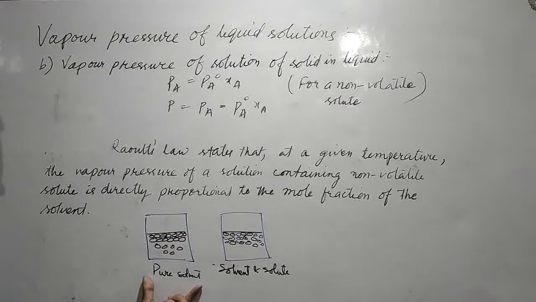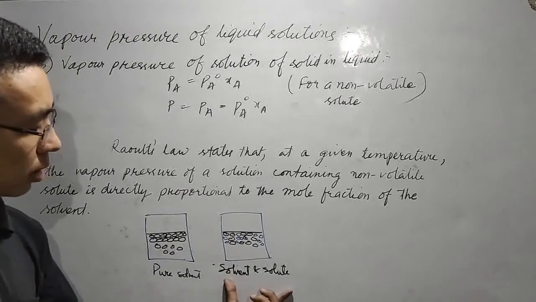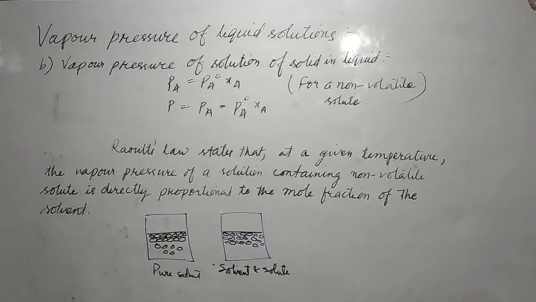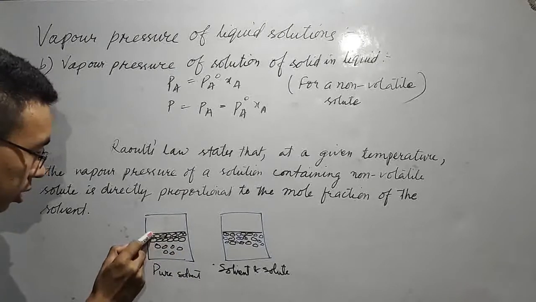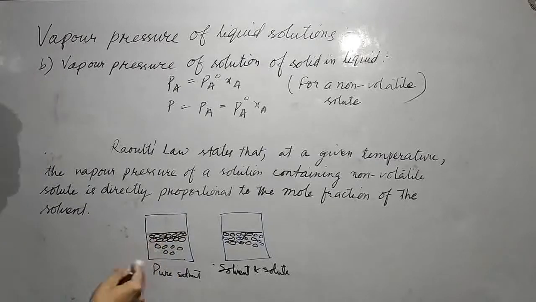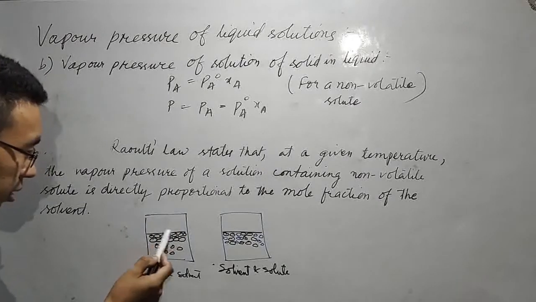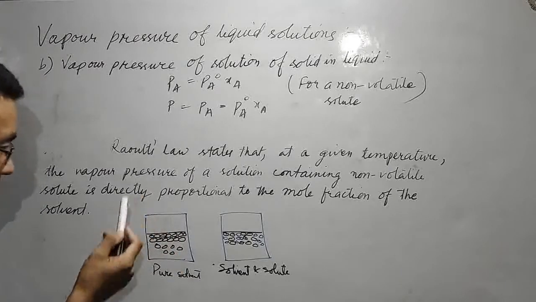So this is a pure solvent and this is the mixture of solvent as well as the non-volatile solute. Since evaporation is a surface phenomenon and the vapor pressure depends upon the number of molecules that escape into the vapor phase, in case of pure solvent all the spaces are occupied by the volatile solvent, so all the molecules on the surface will escape into the vapor phase.